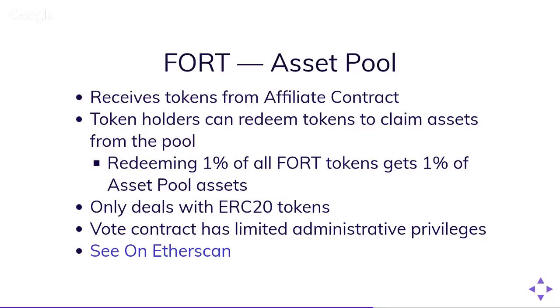Again, the asset pool contract is available on Etherscan, so you can see the contract code, see what transactions have been played against it, and also see what assets it currently holds.